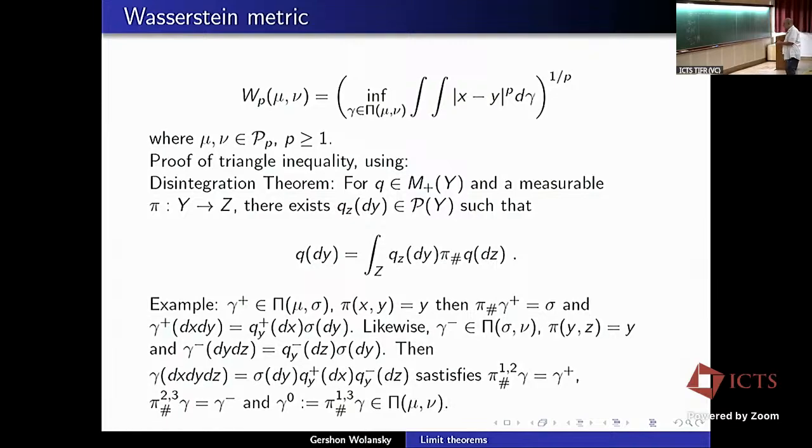So we take three measures, mu, sigma, nu, and we take gamma plus to be the optimal transport from mu to sigma.